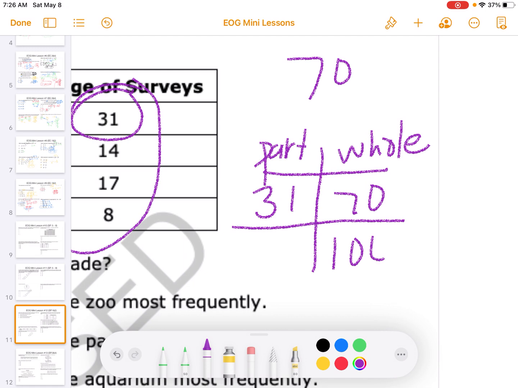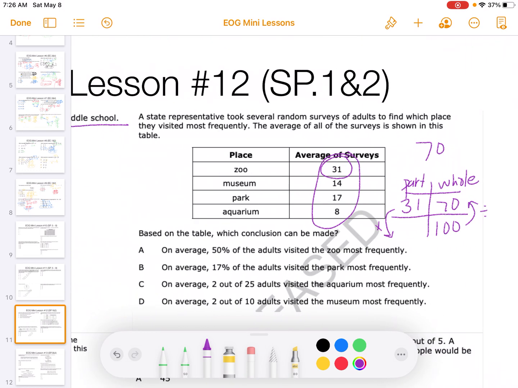I want to find out if that's 50%. So I divide going up, multiply coming down. Remember, you don't want to clear your calculator each time. So 100 divided by 70, and I get a huge crazy number. Then I'm just going to multiply by 31, and I get 44%. So on average, 50% is not right.